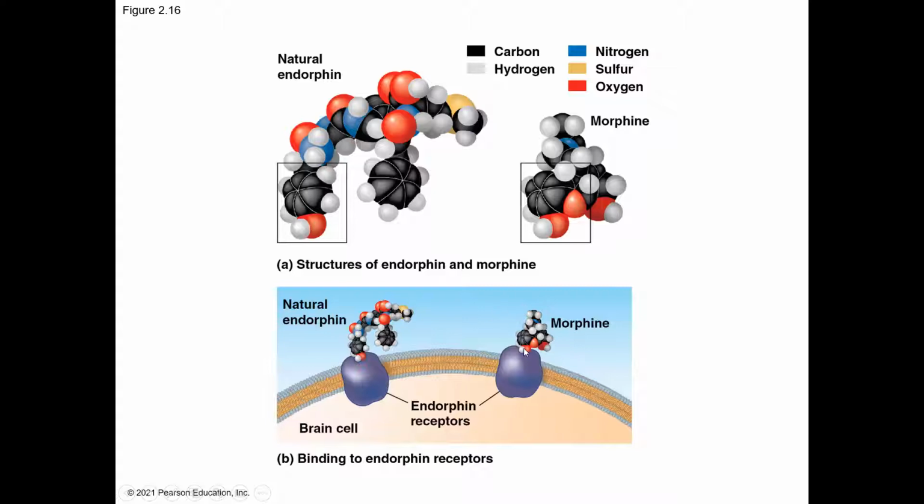This is morphine, which is not produced by the human body. But you can see this part of the morphine molecule is pretty much identical to the key part of endorphin. So morphine can bind to the same endorphin receptors and exert its effect. Morphine is a painkiller like endorphin.